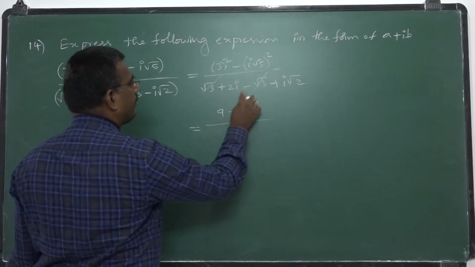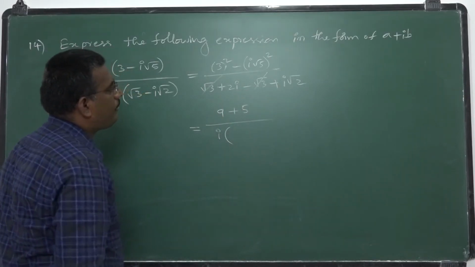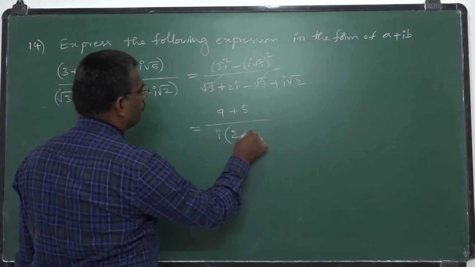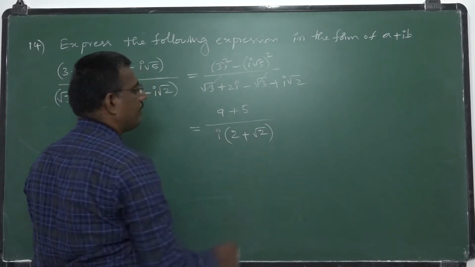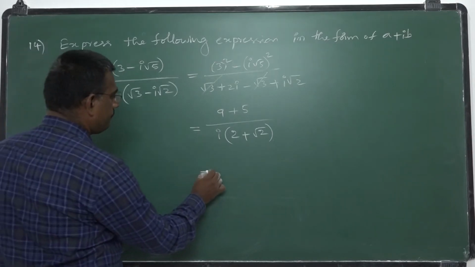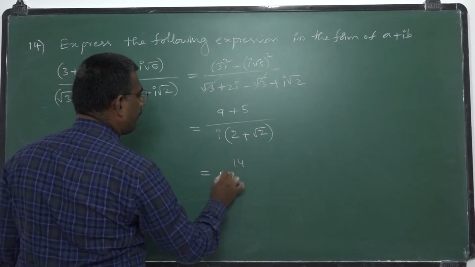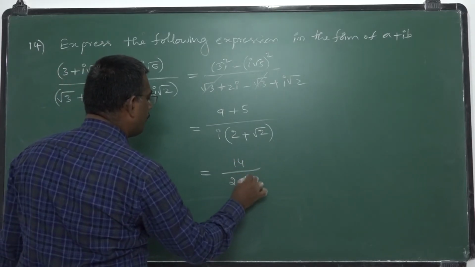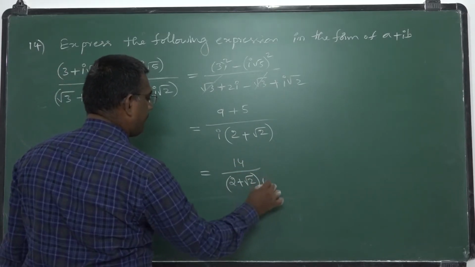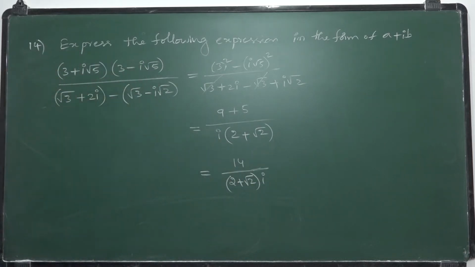Taking i in common in the denominator, i of (2 plus root 2). So this is equal to 9 plus 5, 14 by (2 plus root 2) into i. Now multiplying both the numerator and denominator by i.